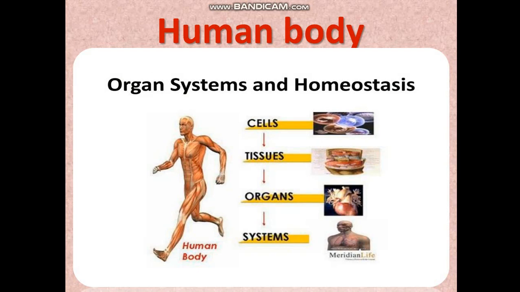What about plants? Does a plant have cells? Does a plant have organs? Does a plant have systems? Yes, a plant is also made up of cells. A group of cells forms tissue, a group of tissues forms organs, and a group of organs forms systems.